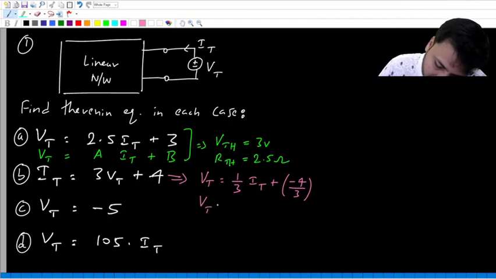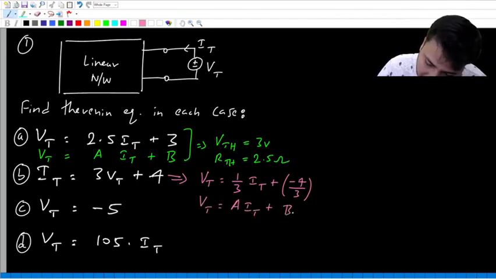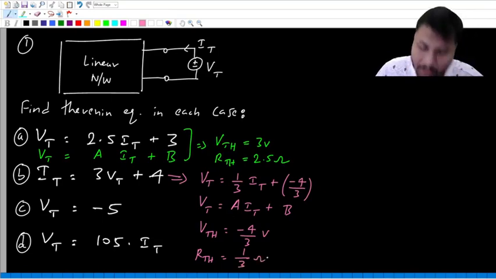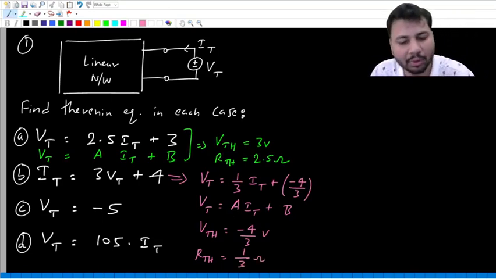Now this is in the standard form, Vt equal to A It plus B. By comparison, Vth is B, which is minus 4 by 3 volts, and Rth is A, which is 1 by 3 ohms.